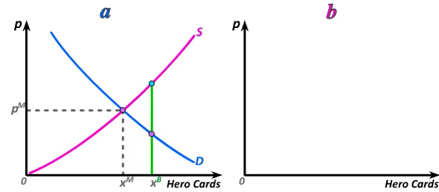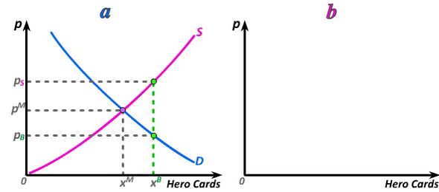Our goal is to use a subsidy to get the market to produce XB rather than XM. We'll succeed if we can get the price that sellers receive to increase to PS and the price that buyers pay to fall to PB. A per unit price subsidy that's equal to the difference between PS and PB will accomplish precisely that, as we saw in chapter 19.